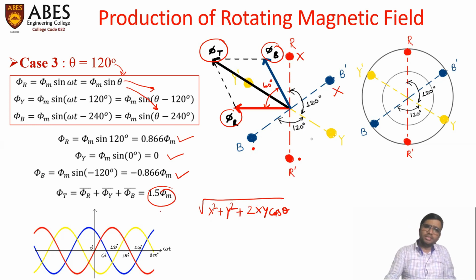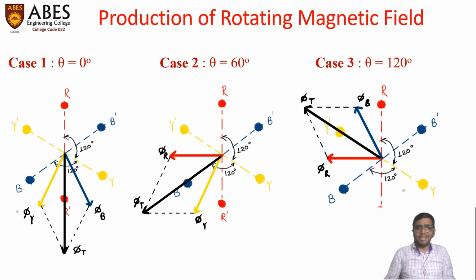From all these three cases, we have analyzed that if we take different instants, that is theta equal to 0 degrees, 60 degrees, 120 degrees, the magnitude of the resultant flux is of constant value, but rotates at constant speed.